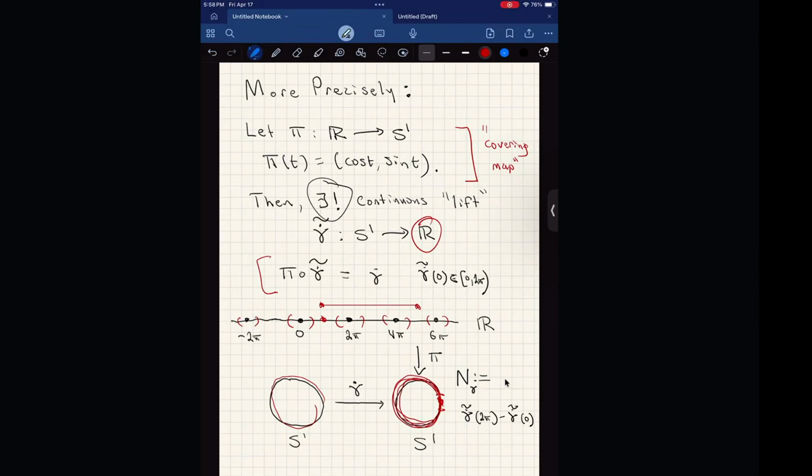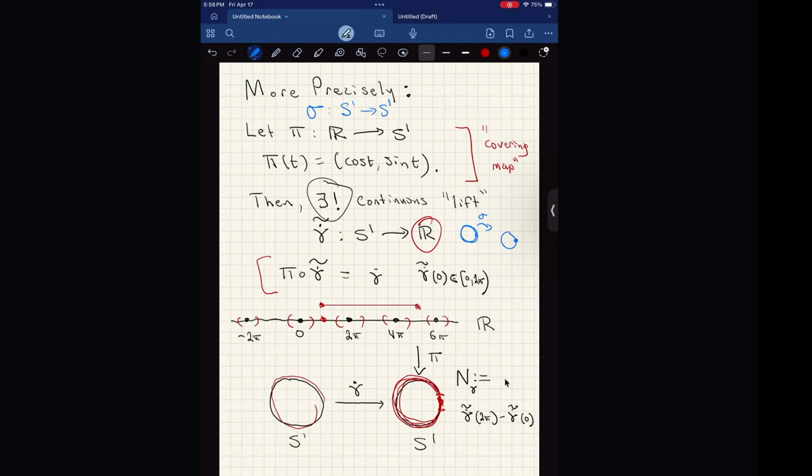So more generally, if I have any map, let's say sigma from S1 to S1, I can talk about this picture where I have the curve and then the image curve. As I move around on S1, I'm dancing around on my image, and maybe I'm going back and forth many times. But if I start and end at the same place, I can talk about everything that I was saying on this slide.